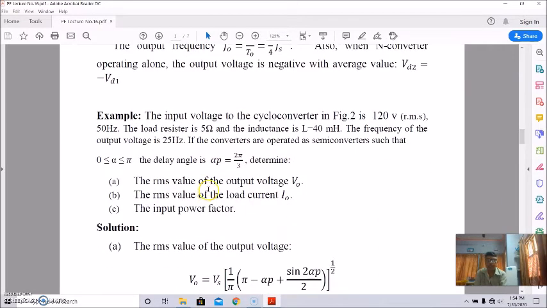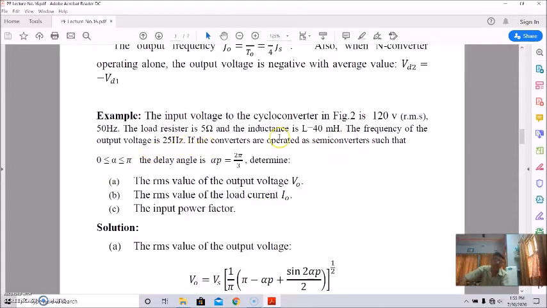We have discussed a problem here. The input voltage to the bridge type single phase to single phase cycloconverter is 120 volt RMS at 50 Hz frequency, load resistance is 5 ohm, so basically it's an RL load, with inductance 40 millihenry, and the frequency of the output voltage f0 is 25 Hz.